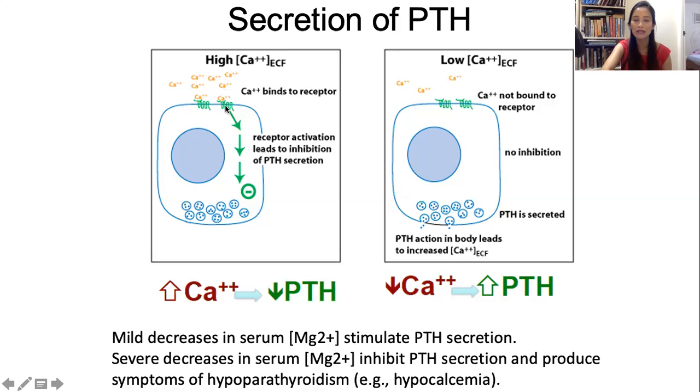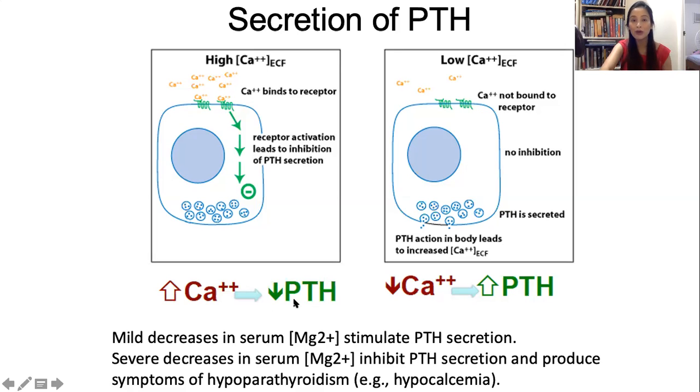When calcium attaches to it, it is activated, and when it is activated, it inhibits the secretion of PTH from your parathyroid cells. No? So if you have high calcium, it will suppress the secretion of your parathyroid hormone.